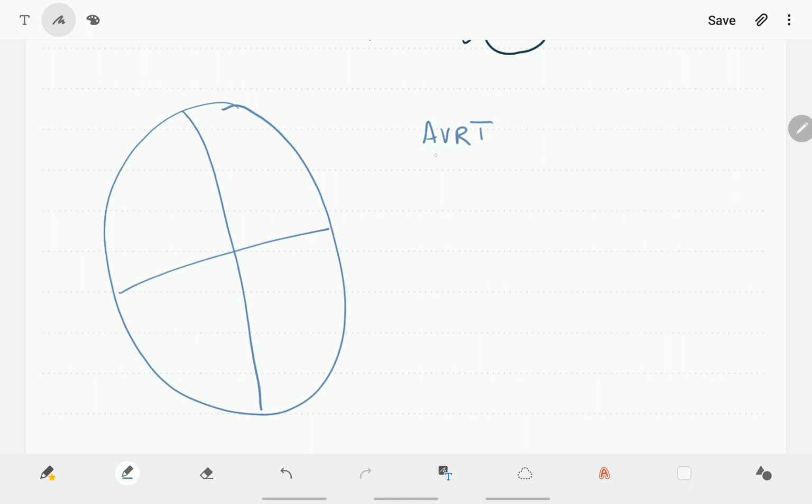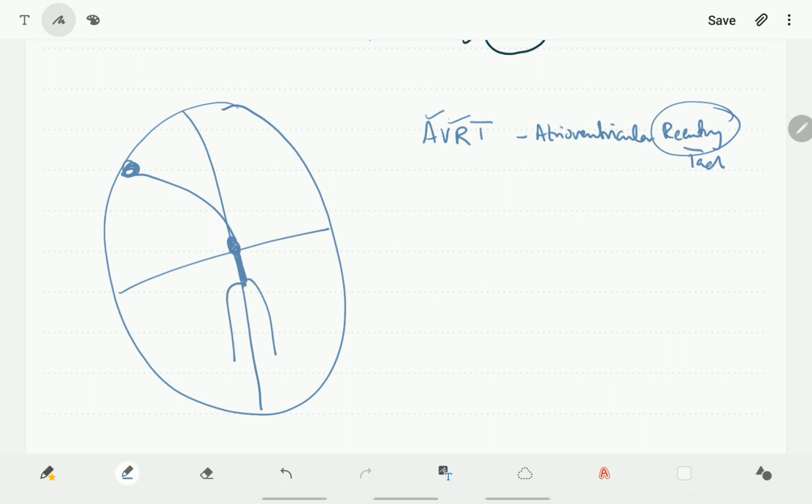AVRT basically means atrioventricular re-entry tachycardia. So basically we have a re-entry pathway which involves the atria and the ventricle, and the example of that is this happens only in patients who have Wolff-Parkinson-White.